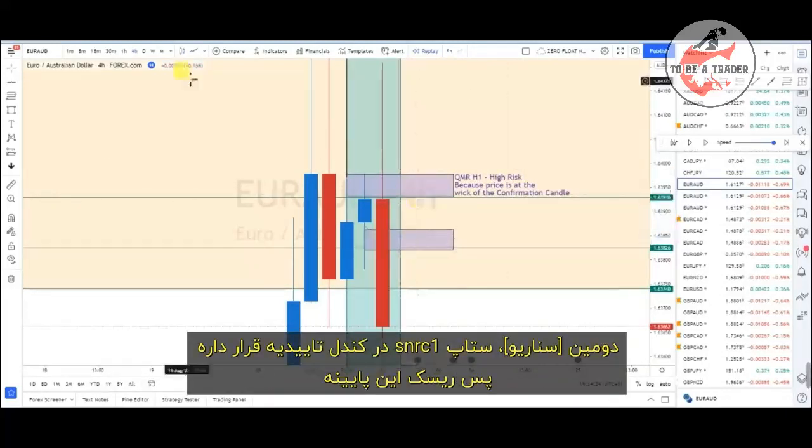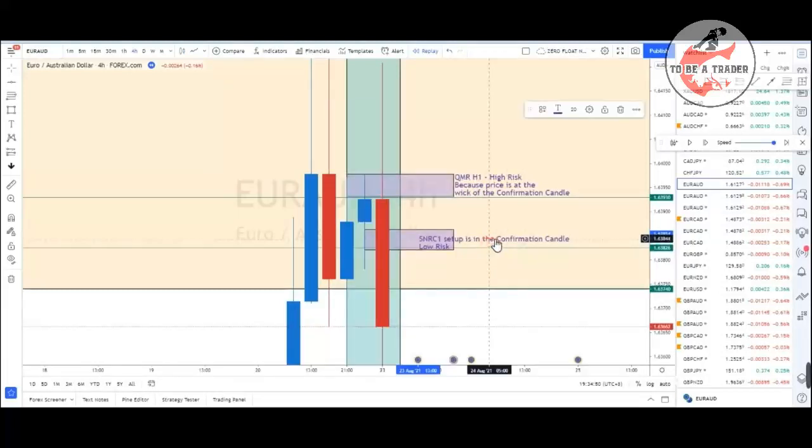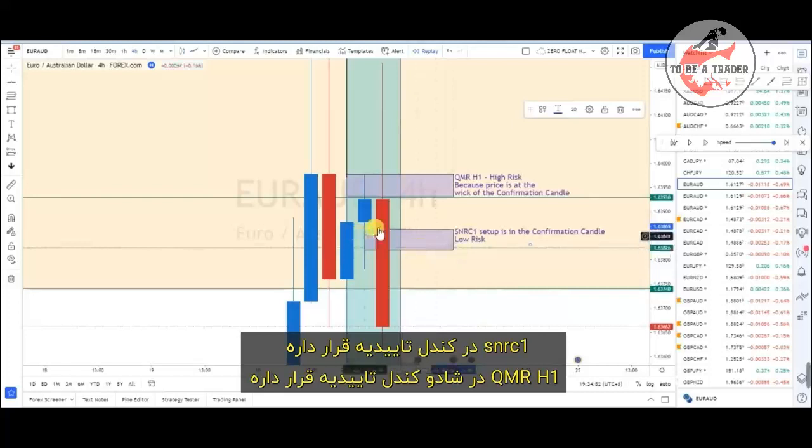Secondly, the SNRC1 is good. The SNRC1 setup is in the confirmation candle, so this is low risk. SNRC1 is at the body of the confirmation candle. H1 QMR is at the wick of the candle.